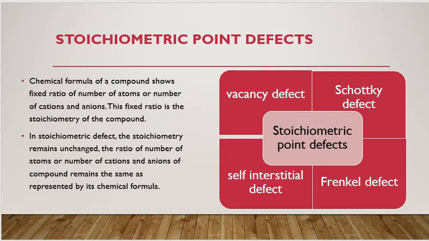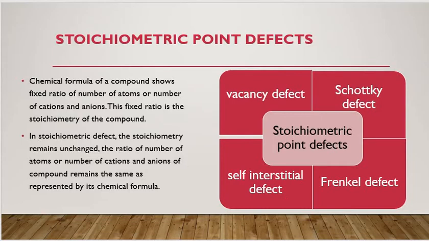In stoichiometric defect, the stoichiometry remains unchanged. That means the ratio between the atoms present in a chemical compound remains unchanged, and the compound remains the same as represented by the chemical formula.